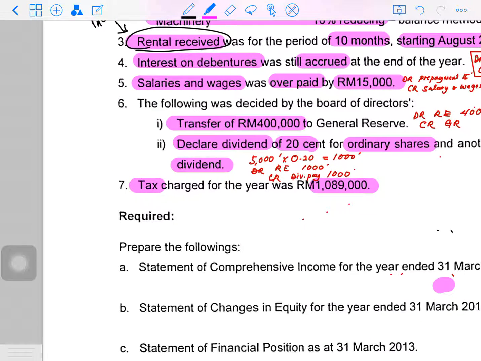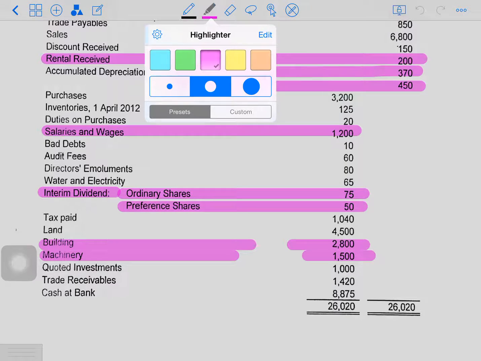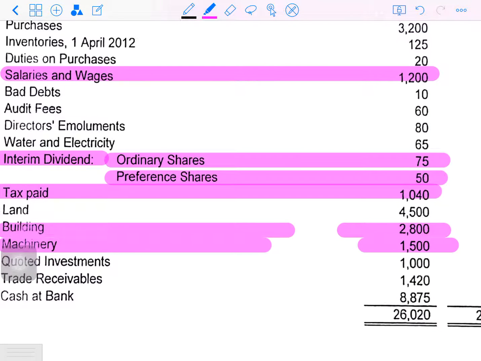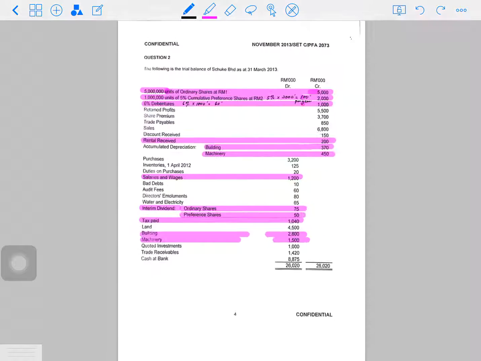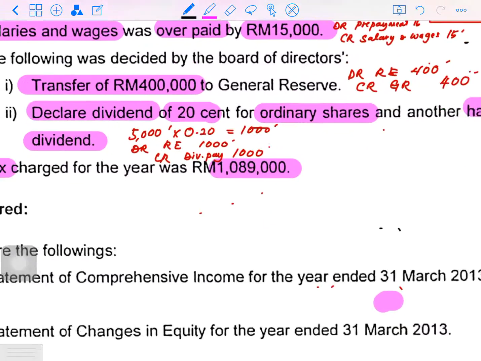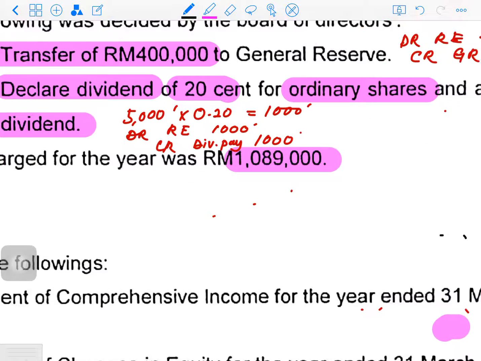In your trial balance, tax paid is mentioned here: you have already paid 1,040.